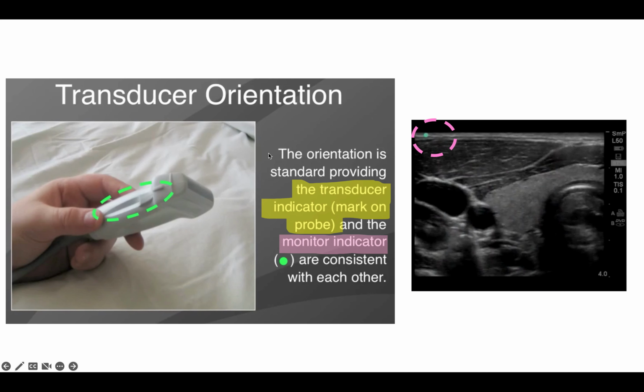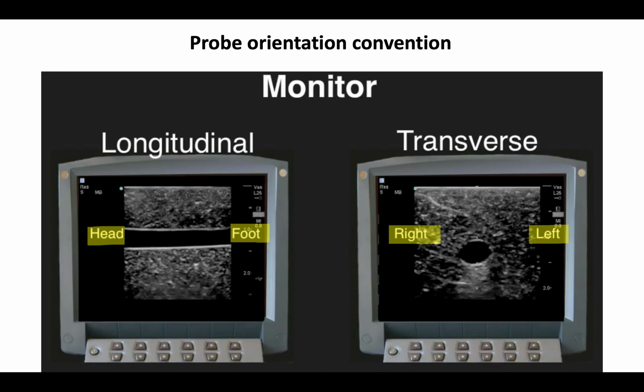It's very important to be cognizant about orientations. The transducer has an indicator right here, and the screen has an orientation mark. We have to always make sure that we align them correctly and they're consistent.